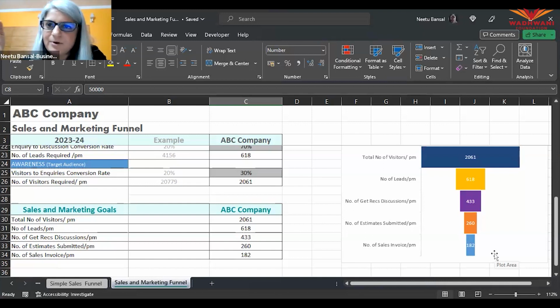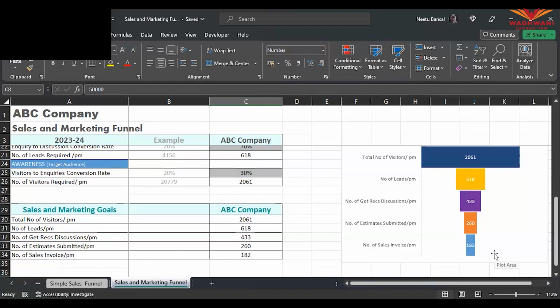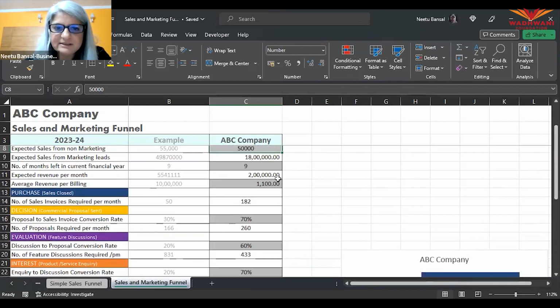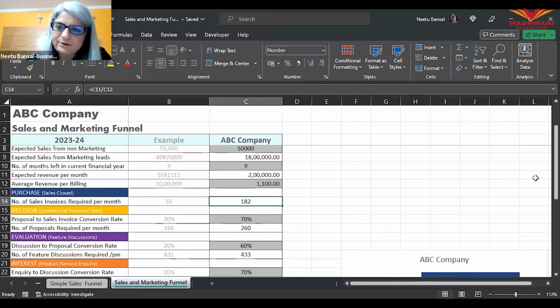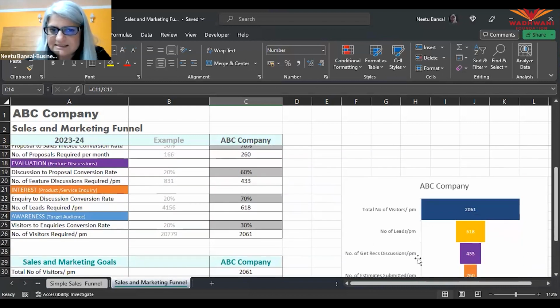So you can actually say approximately per month I need to have this amount of sign-ups. 3,000, 3,500 near around that. So here you are starting with 3,000, as an approximate. So you start with this, and then you identify what your funnel stages are, and you make the conversion rates.